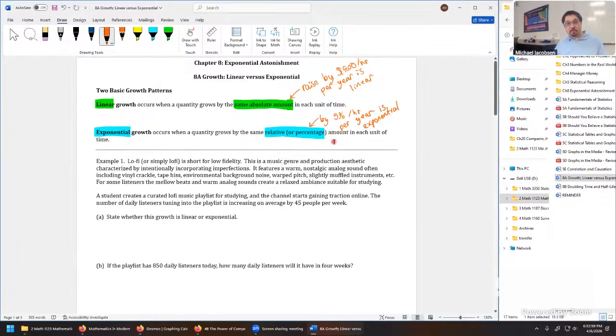And here's our first example to start thinking about these two kinds. So for this example, it talked about lo-fi music, and I realized I have no idea what that really is. So here's the quick definition to make the context a little bit more fleshed out. It says lo-fi is short for low fidelity, and this is a music genre and production aesthetic that is characterized by intentionally incorporating imperfections.